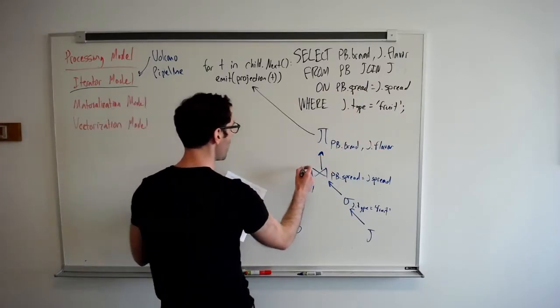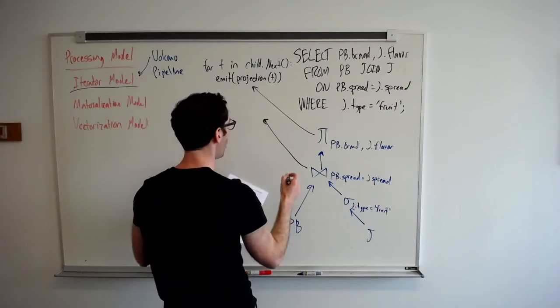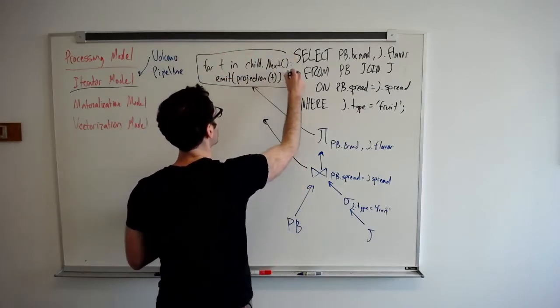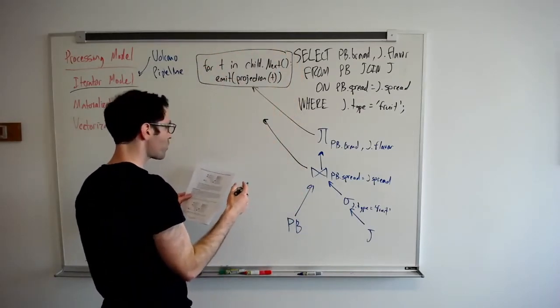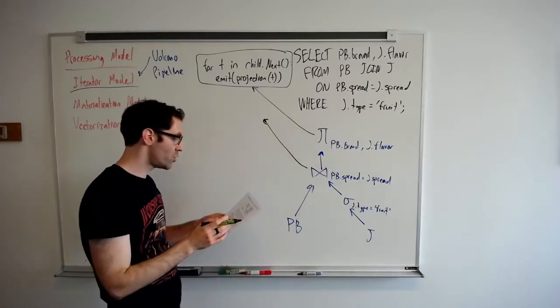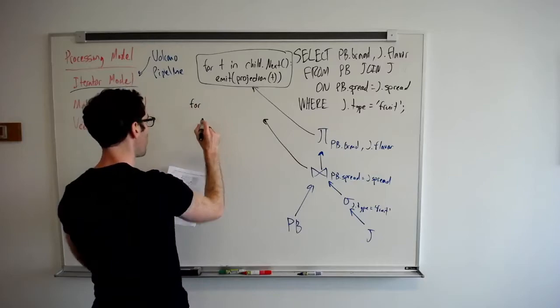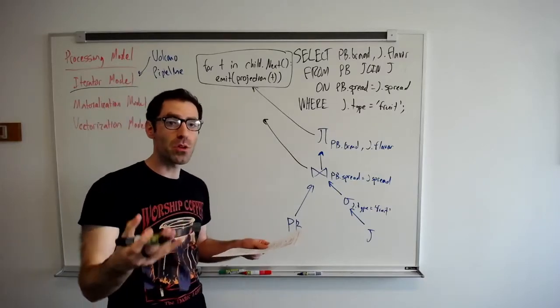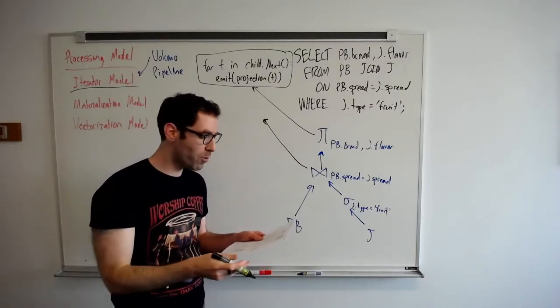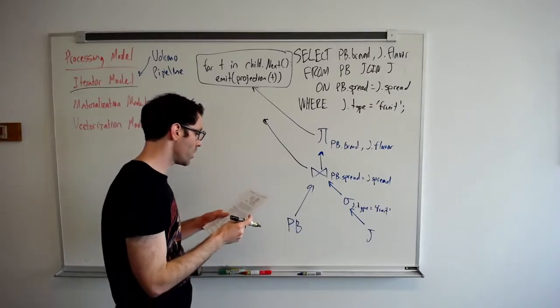And then below that we have our join. Let's say this is going to do a hash join. The first thing that the hash join will need to do is build the hash table for the outer relation.